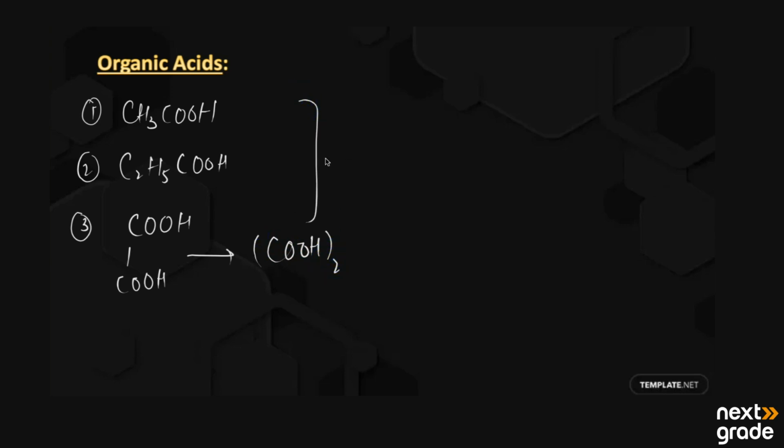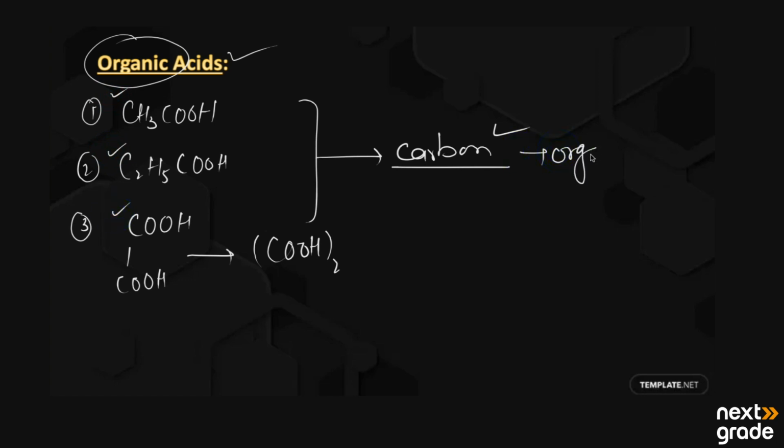These acids are known as organic acids because they have carbon in them. The word organic shows that these acids have carbon in them and their properties are like those of organic compounds. That's why they are known as organic acids.